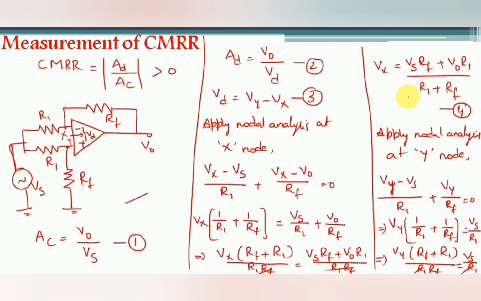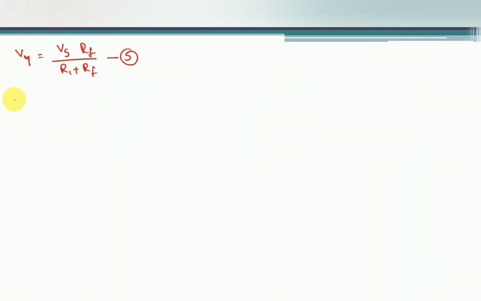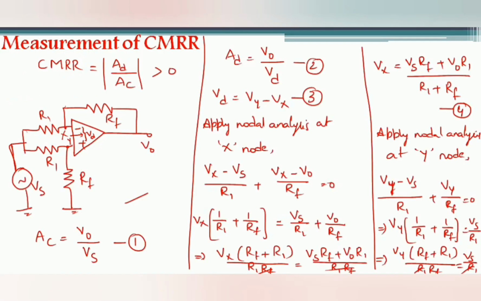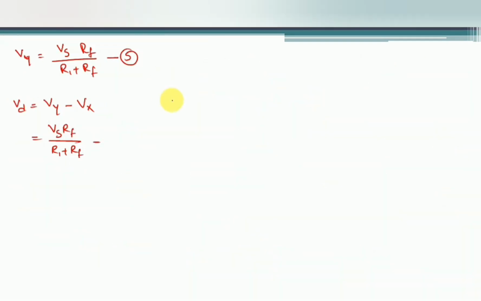So from this we have found the values of Vx and Vy. So substitute the values of 4 and 5 in 3. Vd is equal to Vy minus Vx. Now what is the value of Vy? It is Vs into Rf by R1 plus Rf minus, now what is the value of Vx? Vx is equal to Vs into Rf plus V0 into R1 by R1 plus Rf.